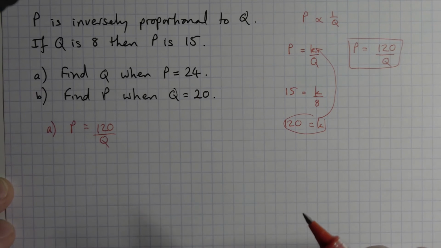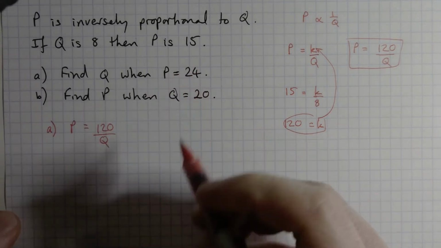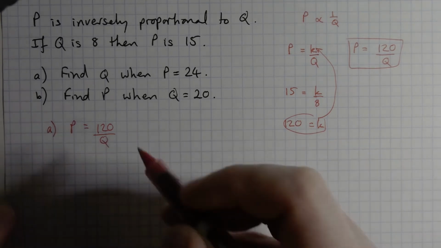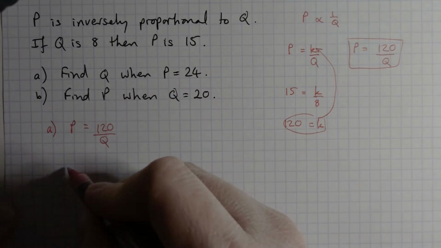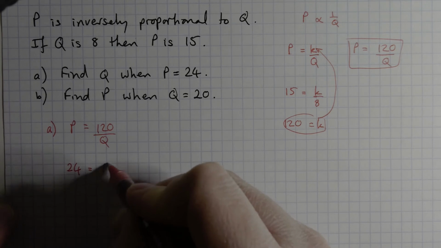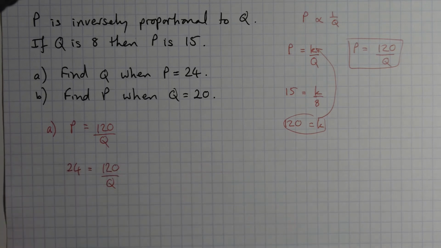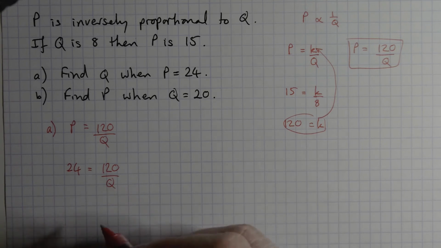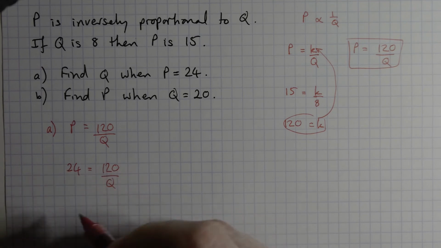Great. Now let's do it. Find q when p is 24. Nothing harder than making p 24. Actually, maybe it's a little bit harder. Let's put p as 24 in here. So 24 equals 120 over q. I'm not mad keen on dividing by q, so I would say the opposite of dividing by q is multiplying by q. Let's multiply both sides by q. If I multiply the left by q, I get 24q.